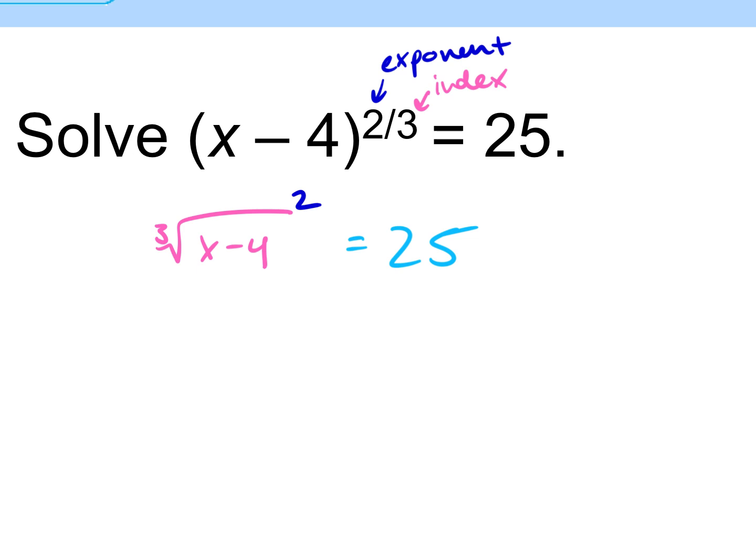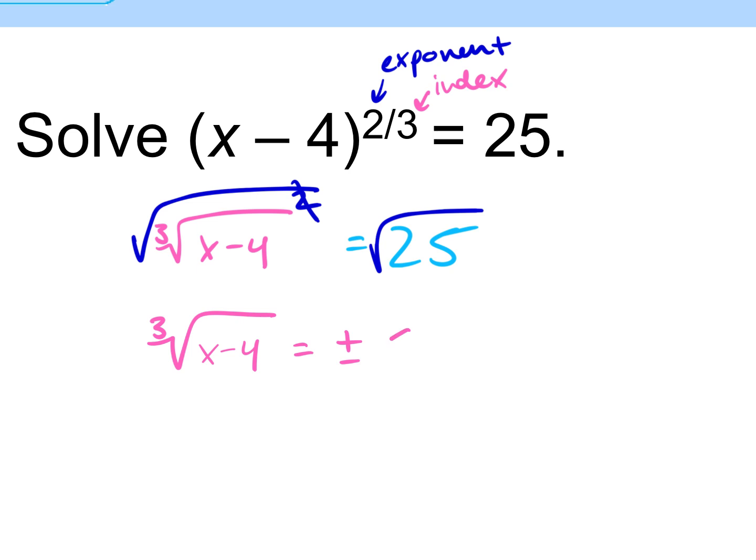How do I get rid of a squared when I'm solving? Square root. So we're going to square root both sides to get rid of that squared. So now we have the cubed root of x minus 4 is equal to what? Plus or minus 5.